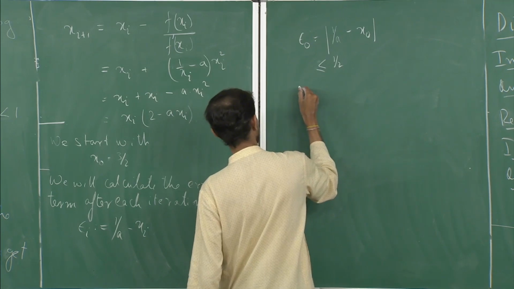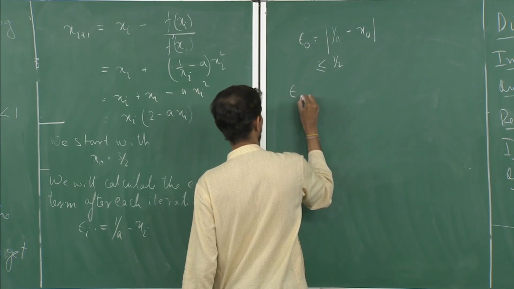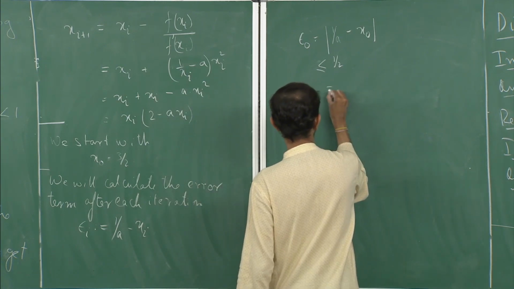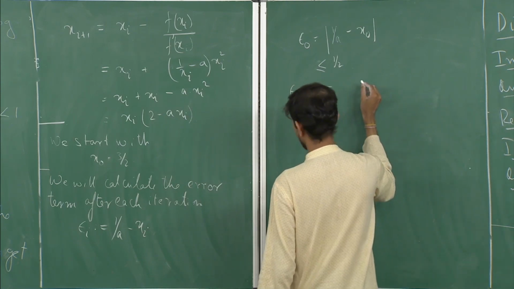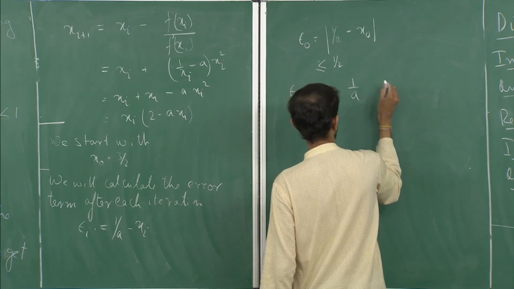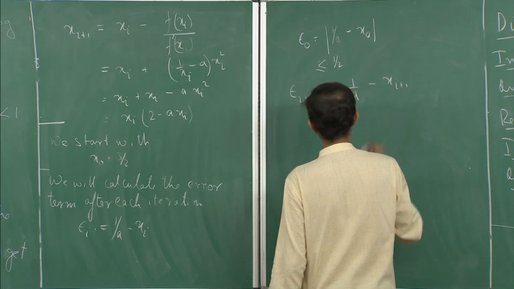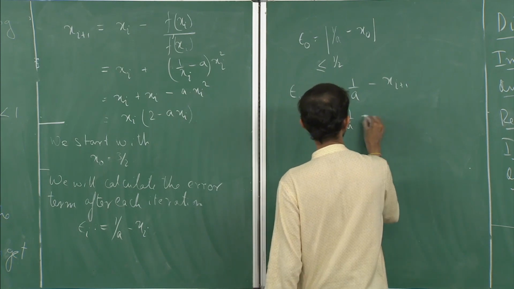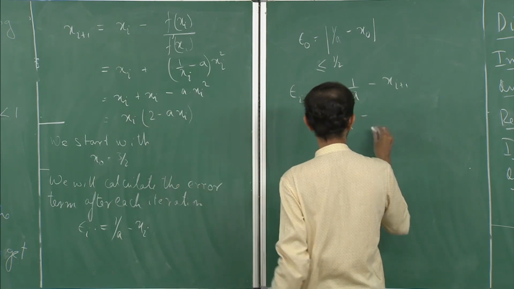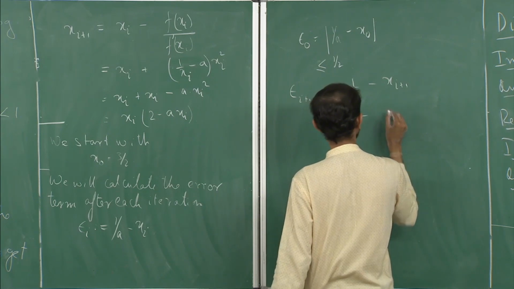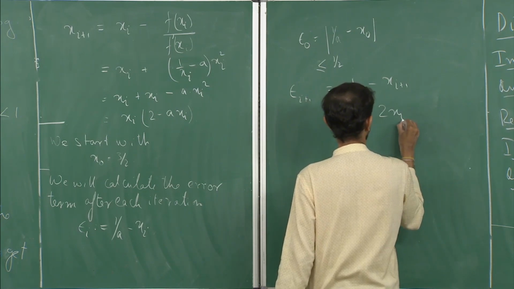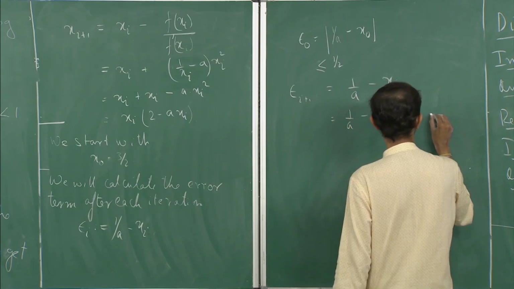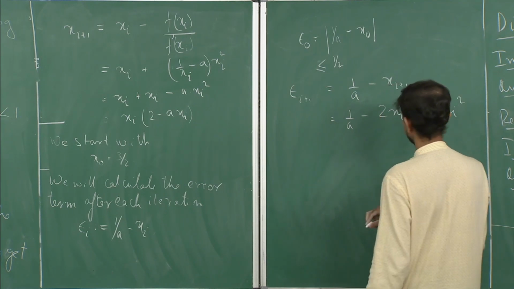Now we will try to estimate what epsilon i plus 1 is in terms of epsilon i. So epsilon i plus 1 will be 1 over a minus xi plus 1. And xi plus 1 in terms of xi is 2xi minus a xi square.